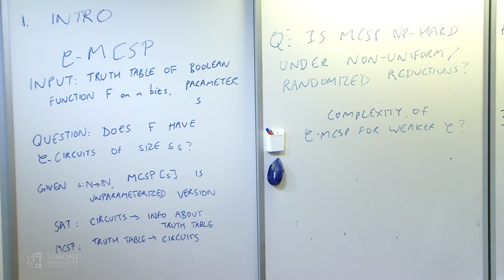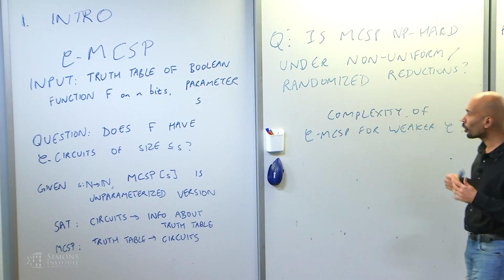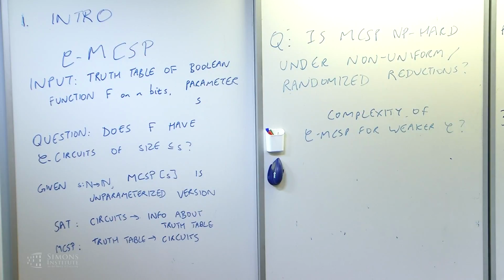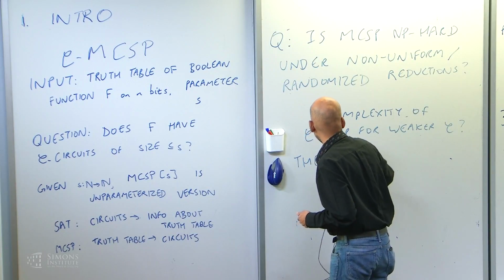So it's a non-monotone notion, at least as far as we understand it. C-MCSP's complexity is not quite monotone in C. In fact, for DNF MCSP, we do know quite a bit. This has been known for quite a while, since the 70s.